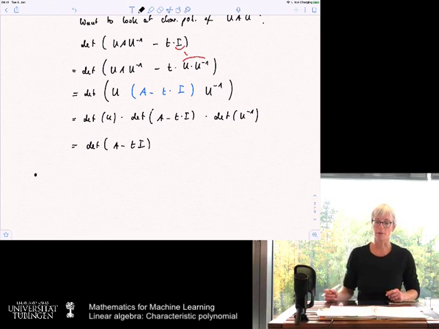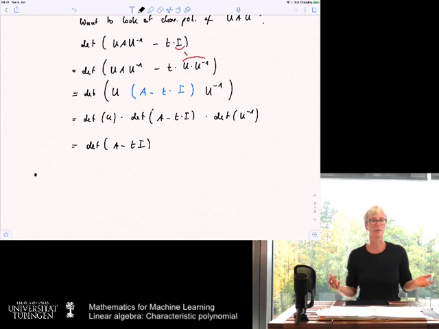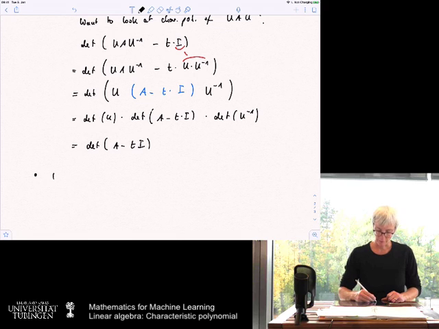the characteristic polynomial gives us the eigenvectors and the eigenvalues in particular of the matrix.